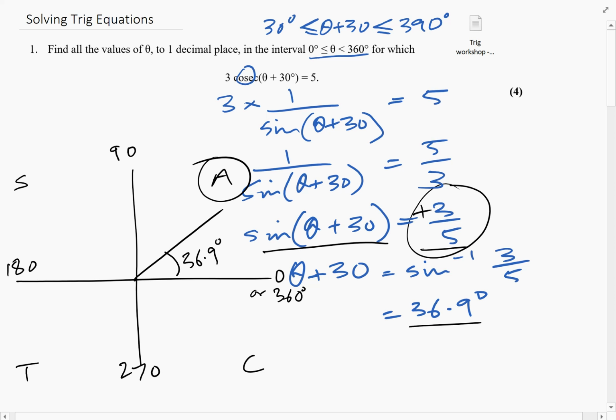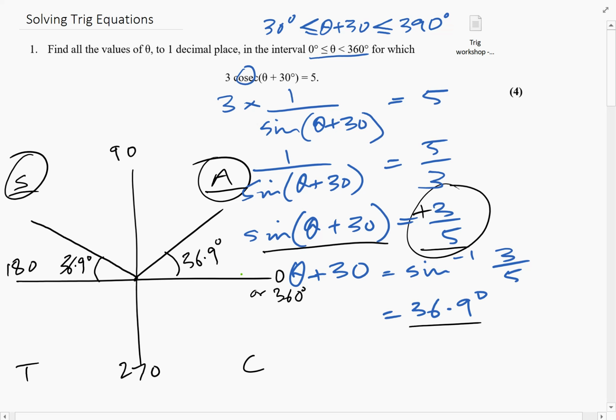All the functions are positive in that quadrant, but also sine is positive here and nowhere else. So that means we need another line over here. So we reflect our original line in the vertical, and we've got 36.9 over here. So now our lines are in the two quadrants where sine is positive.